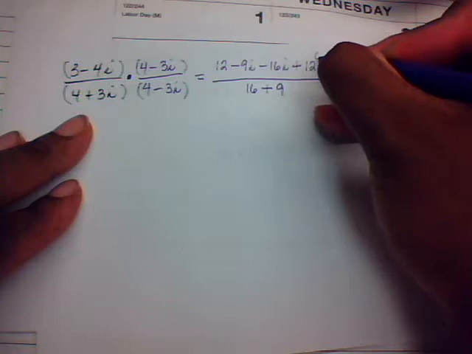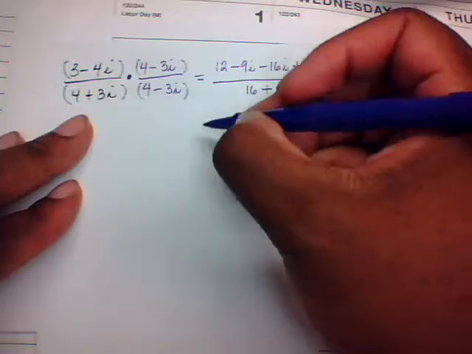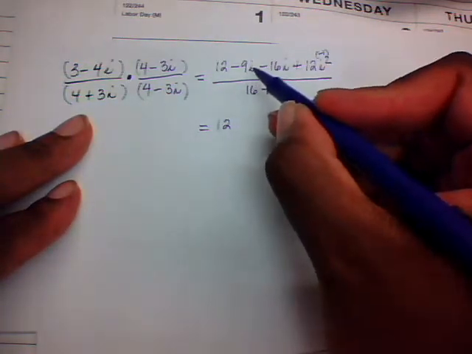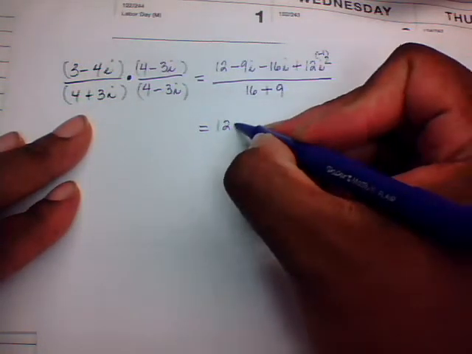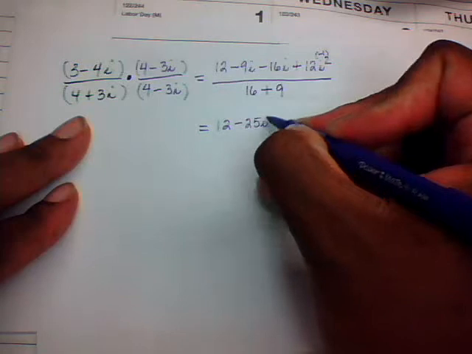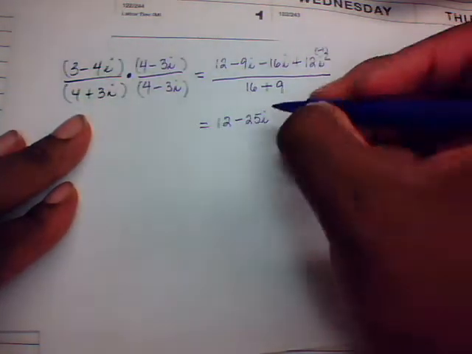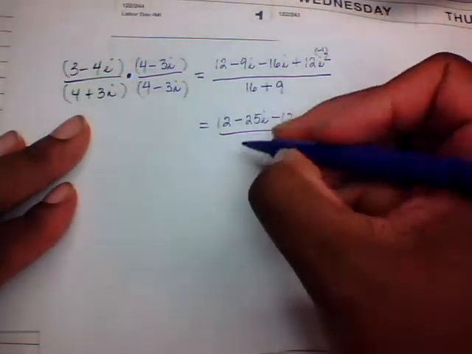Now in the numerator, we're going to have to simplify this. That i squared is negative 1. So here I'm going to have 12 minus 9i minus 16i, which is minus 25i. Combining like terms here, that negative 1 will make that plus 12 minus 12, divided by 16 plus 9.